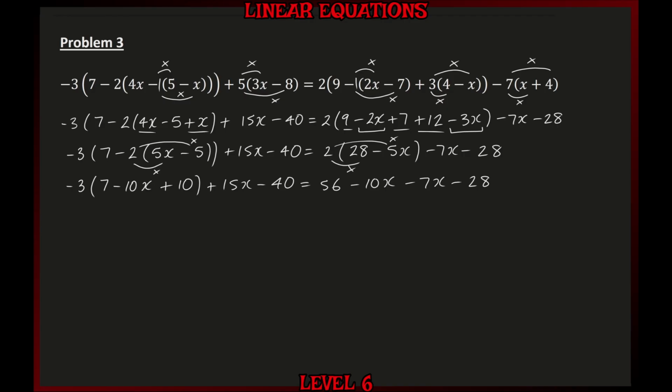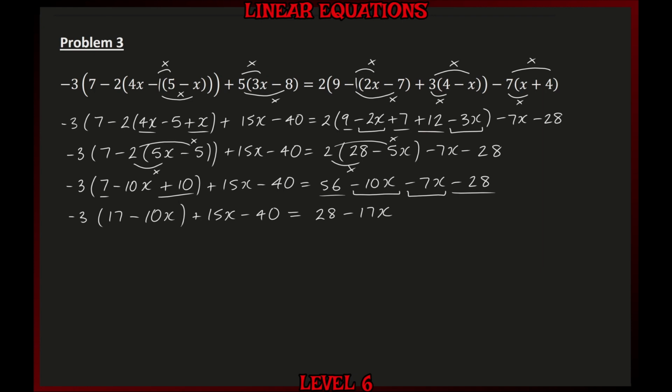So we're going to simplify again by collecting like terms together. So in the bracket on the left, we have 7 plus 10, which gives us 17, and we have a minus 10x still in there. We still have our plus 15x minus 40 at the end. And on the right, we can collect together the 56 and the minus 28 to give us 28, and the minus 10x minus 7x gives us minus 17x.